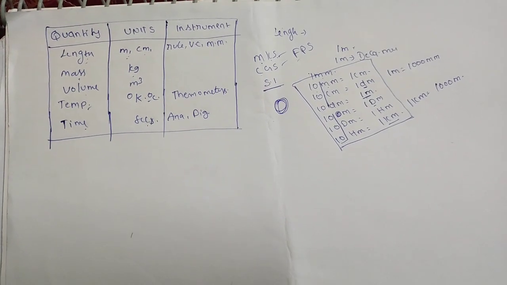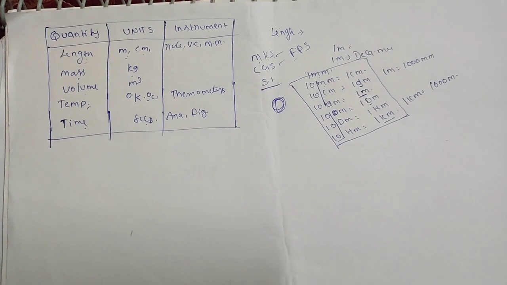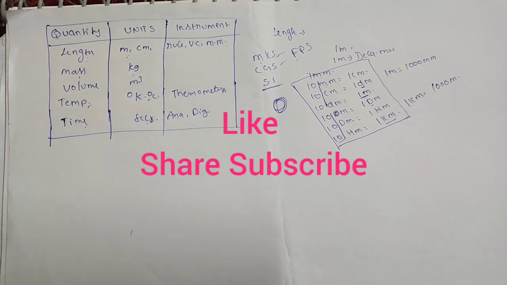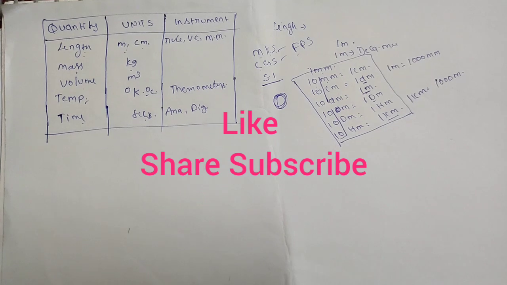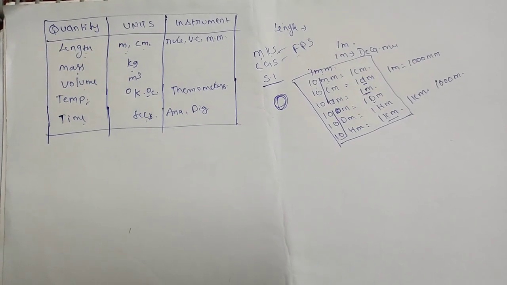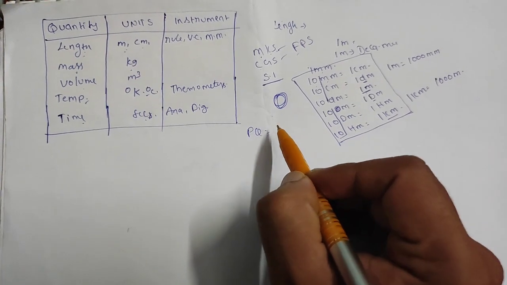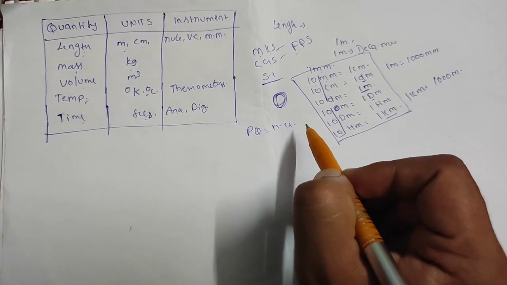Why are we discussing all these things? Because these are the main basic criteria we should know about. As I already told you, a physical quantity, PQ, is always the combination of its numerical number and its unit.